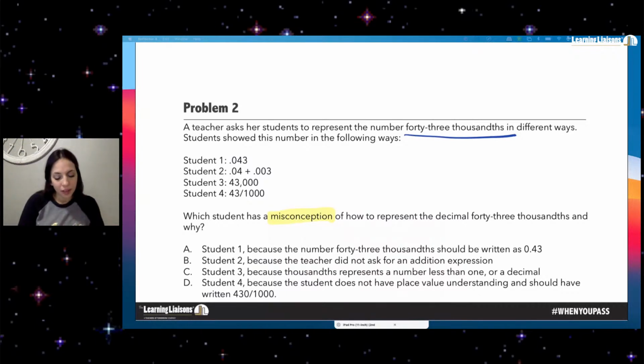All right. Here's where reading the problem can really help you figure out the answer. If you didn't know what this number meant, if you didn't have that vocabulary or you froze on the test, but then you looked at the question, which student has a misconception of how to represent the decimal?